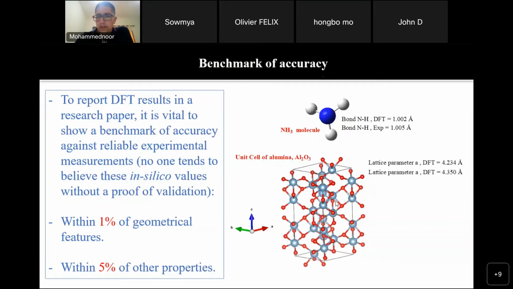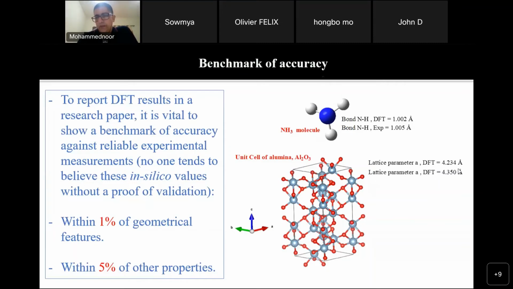So if I do the DFT calculations, I have to make sure that my DFT gives me a reasonable agreement with the experiment, because at the end of the day, we believe in what we see in front of our eyes. We believe in the experiment. The DFT is just an explanatory tool. So if I do the DFT calculation, I find the lattice parameter, for example, this value.